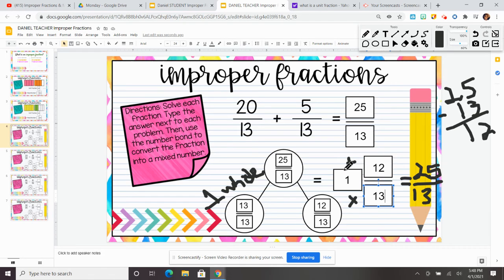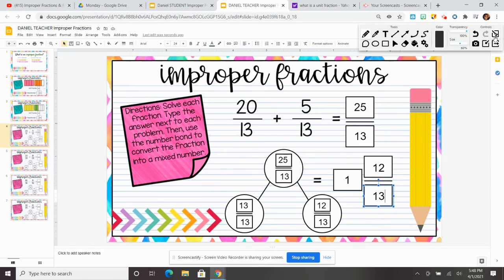I can check the mixed number fraction by multiplying the denominator times the whole number, and then adding that to the numerator. So I have 13 times 1 is 13 plus 12 gives me 25. And then my denominator is going to stay the same. My denominator is 13, and I don't change that. So that should match. That means my work is correct. Okay, let's do some more.